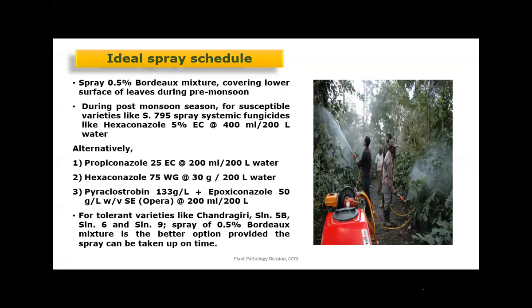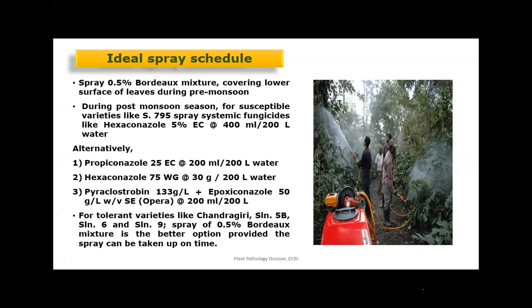But in this current season, the planter has to decide, because from March onwards, we are receiving rainfall due to cyclones. In these weather conditions, if there is a gap, and I suspect that even in the last season, due to the extended monsoon season, many of the planters have not taken up the post-monsoon spray.